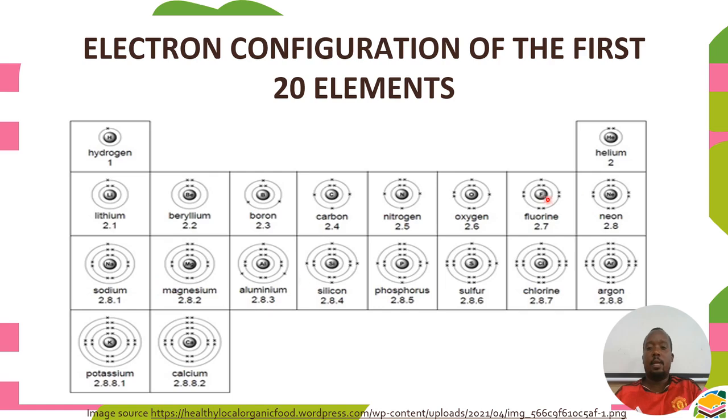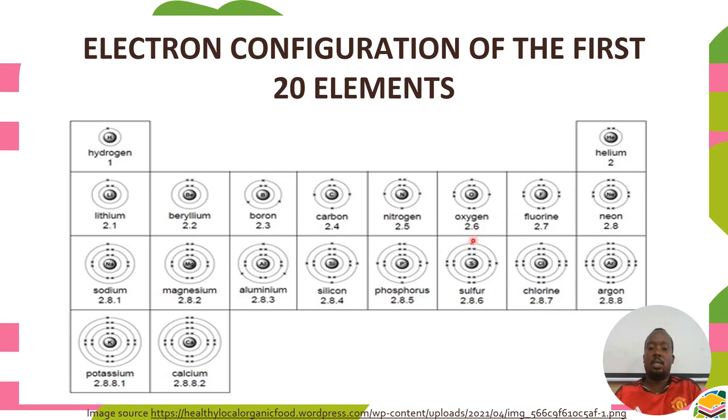Then helium, it has a maximum number of 2 electrons. So the 2 electrons in the first shell. Then fast forward, let us go to oxygen. Oxygen, it has a total number of 8 electrons. So the 2 electrons are filled in the first shell. Then the remaining 6 electrons are filled in the last shell.